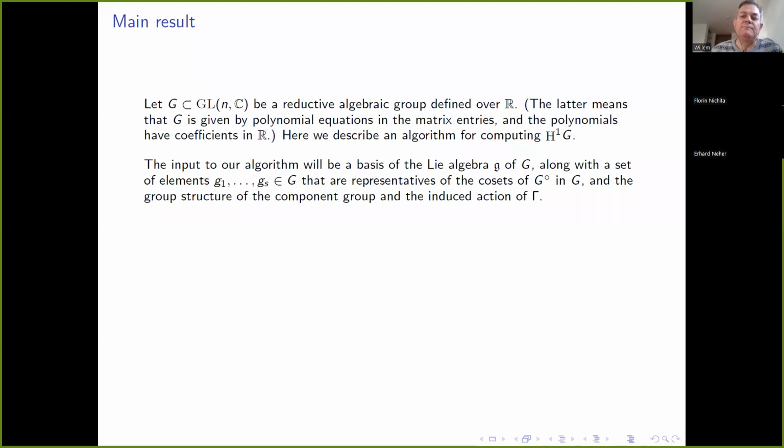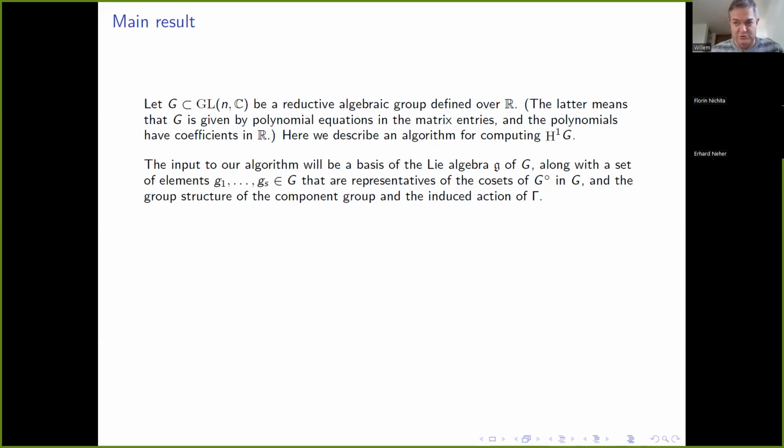Now there are basically two situations. G is either connected or it is not connected. If it is connected, then I'm happy with just the basis of the Lie algebra. If it is not connected, then I also need to know the component group. So I need a finite number of elements of the group that are representatives of the cosets of the component group.